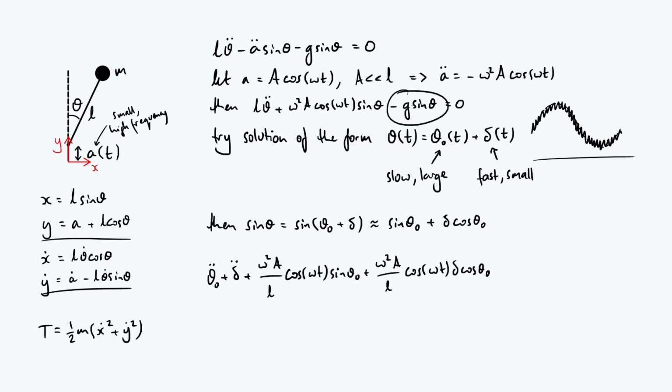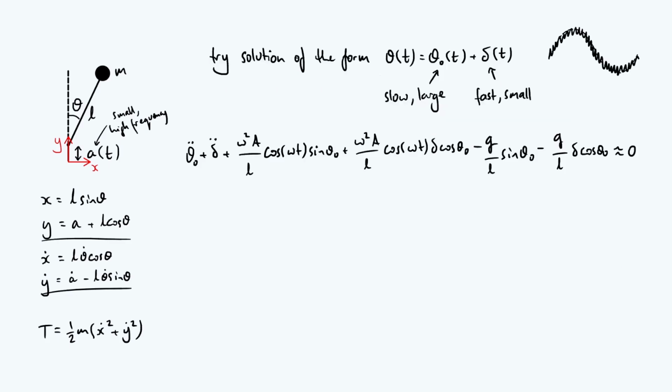Then we've got minus g sine theta, so again we get two terms from that by substituting this Taylor expansion: minus g over L sine theta naught, and then minus g over L delta cos theta naught. And all of that is now approximately equal to 0.